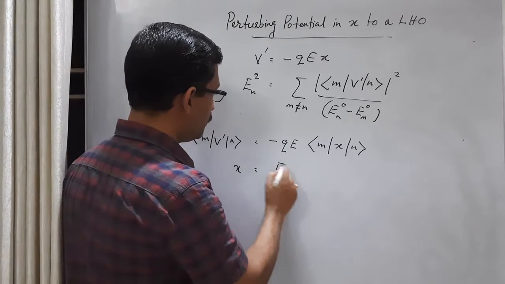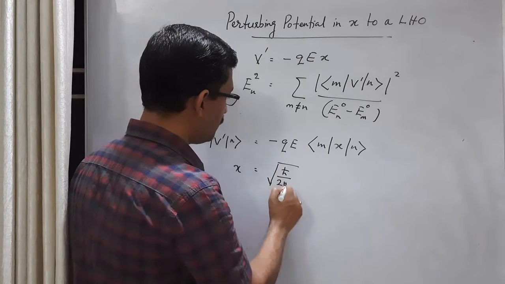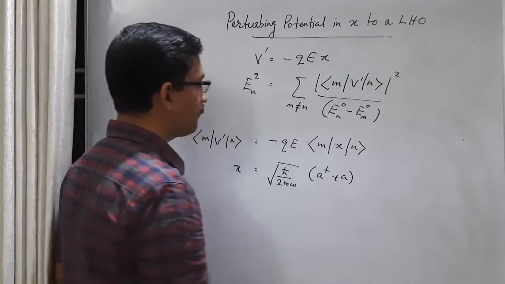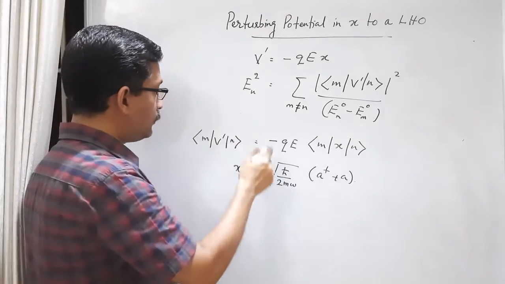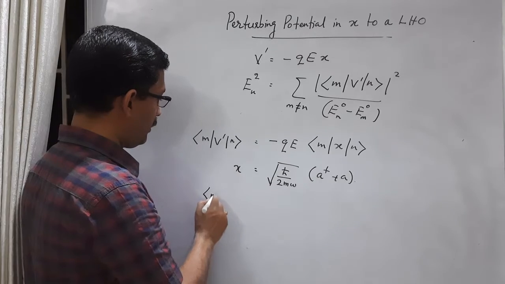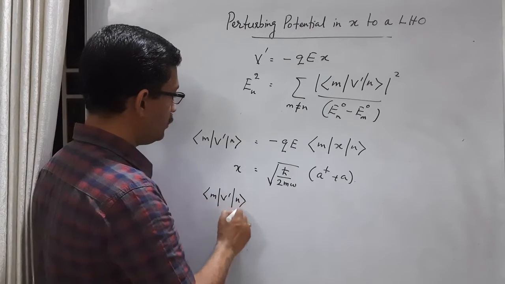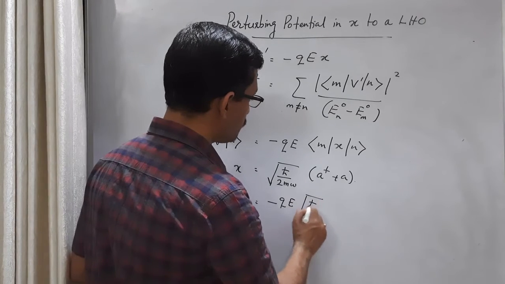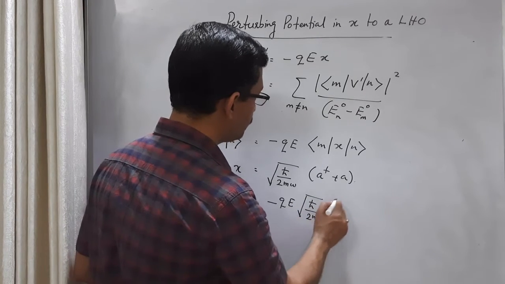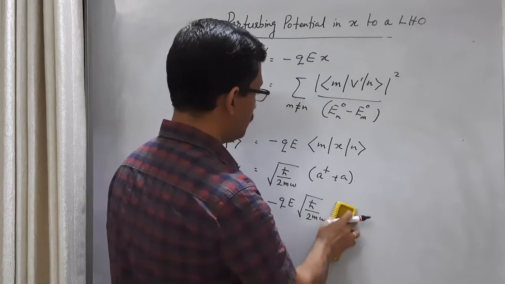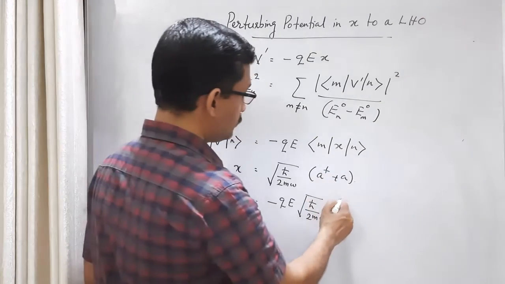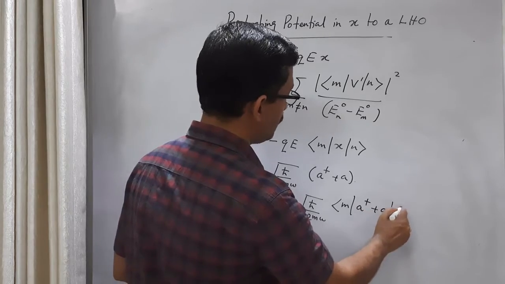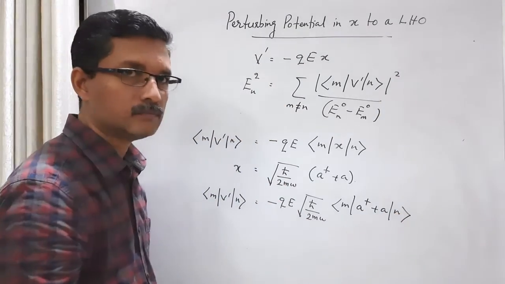Again, root of h cross by 2m omega times a dagger plus a, right? So if I substitute this here, m V prime n is equal to minus qE root of h cross by 2m omega, instead of x I am substituting, so m a dagger plus a n, right?